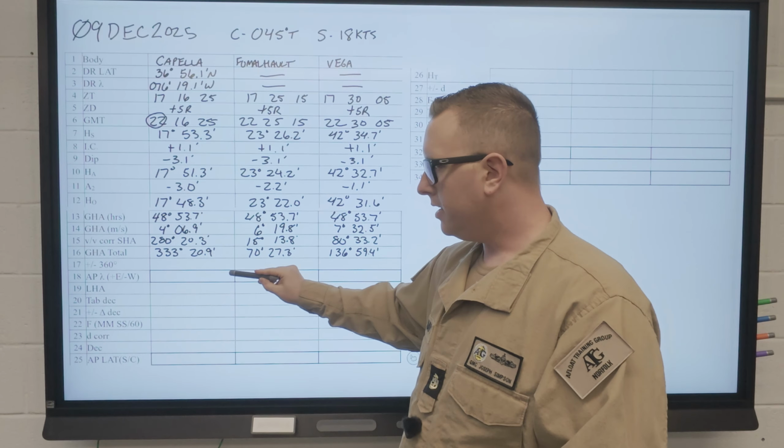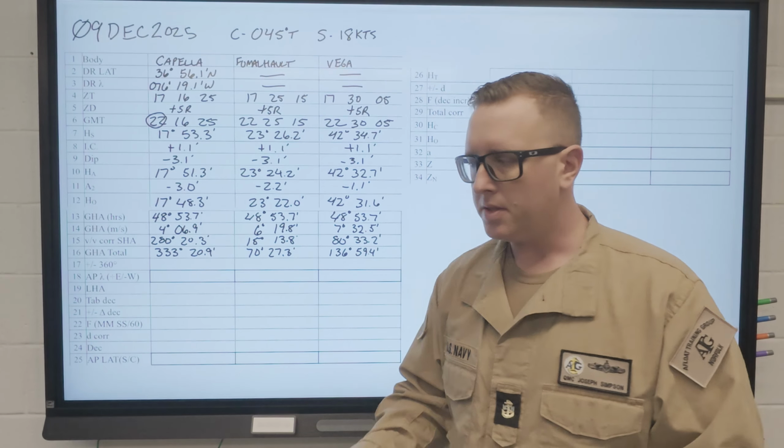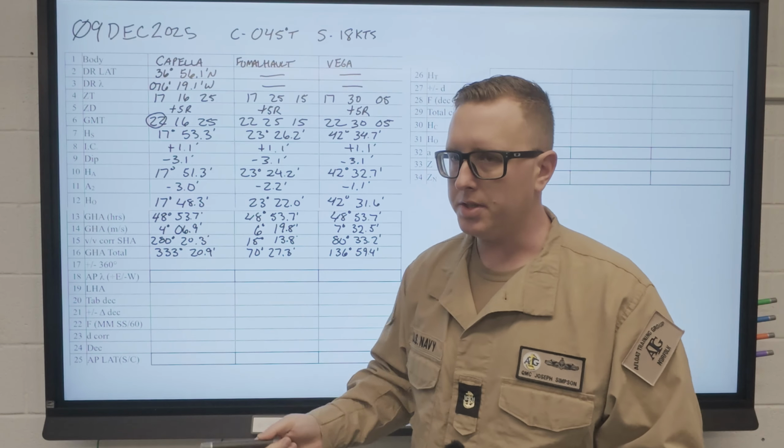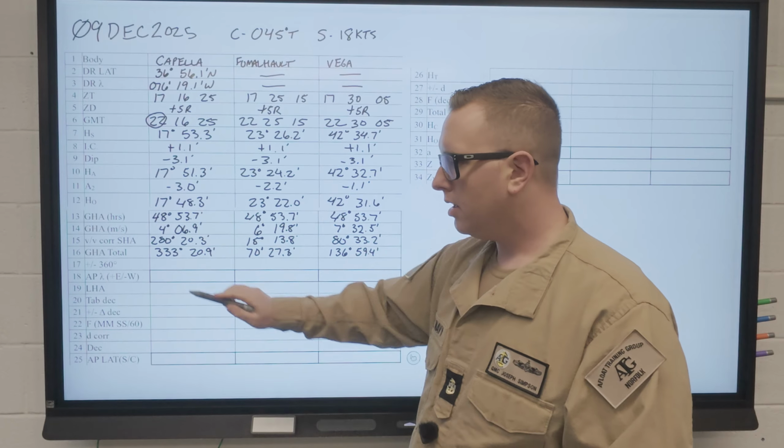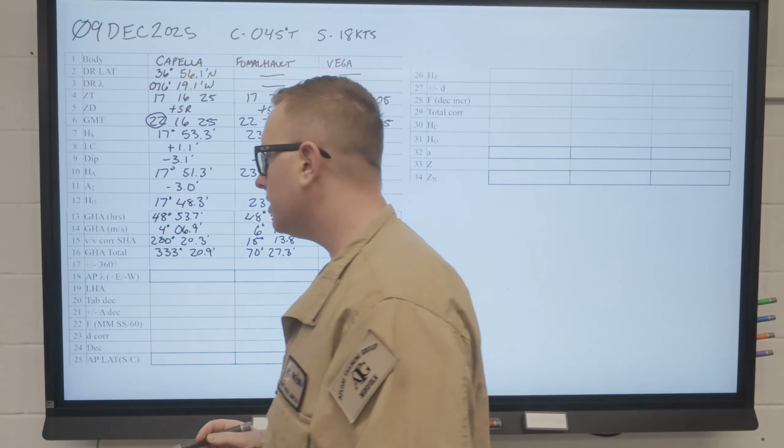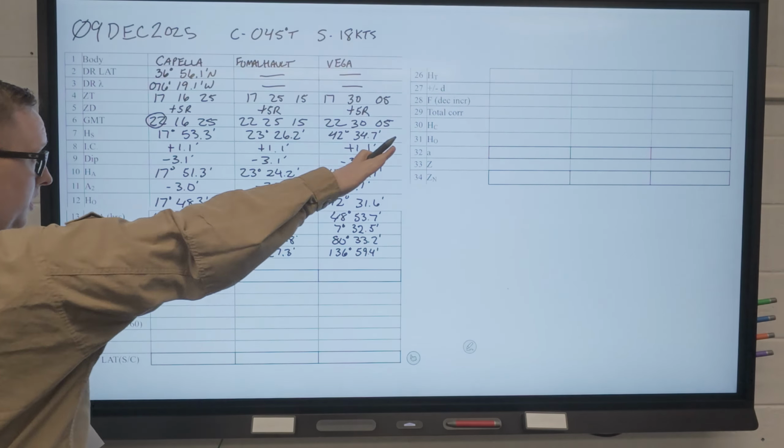We still need to get LHA of the star. So LHA is what we're going to go into the sight reduction tables and use as one of the variables to triangulate and square off to get all the other information over there.